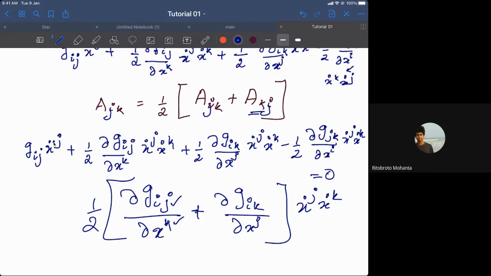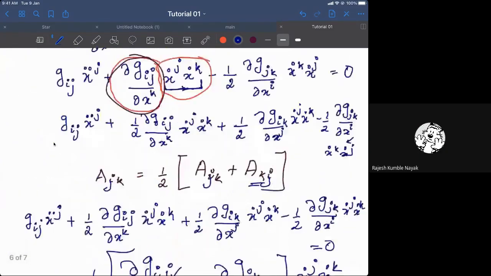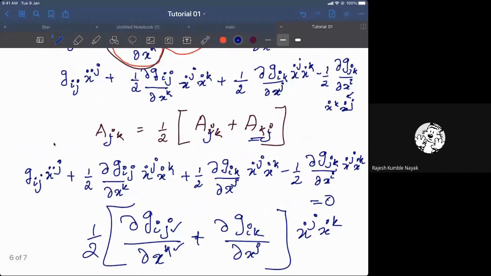Sir, in the last term, minus del G Jk del Xi, that will be X dot K into X dot J, no? Did I make a mistake? No, this term is correct. See, in this case, I don't have to symmetrize. It's already symmetric, so there is no need to work further on this.